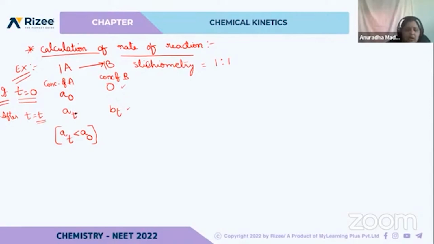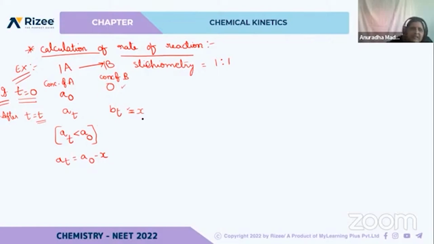Then, if we consider the amount of A that reacts is equal to X, AT is equal to A0 minus X. If the concentration of A at the beginning is A0, then after some time A0 minus X will be present.